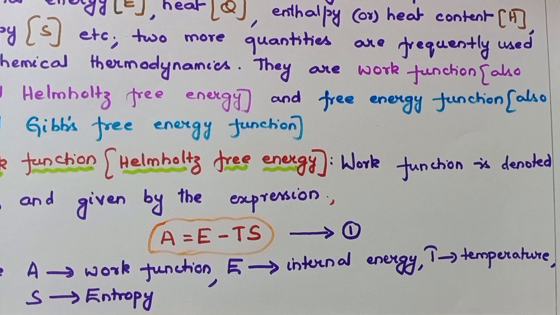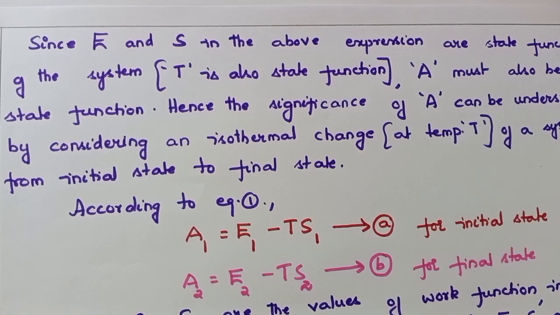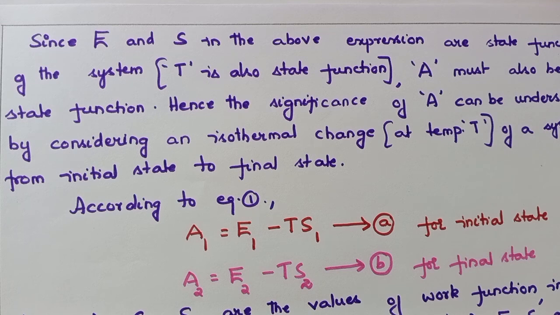Now, A = E - TS. Remember this expression. Students, in the expression of A, that is Helmholtz free energy, E and S, also T, are the state functions of the system. We have already learned what a state function and what a path function is in the previous classes.